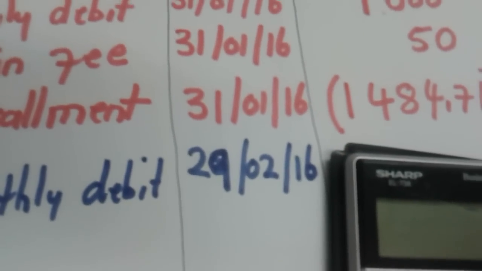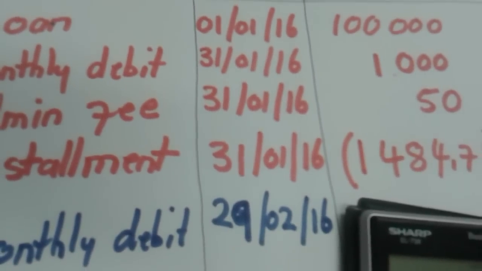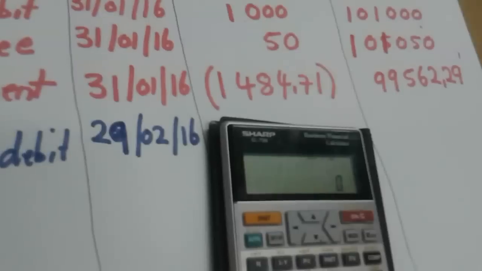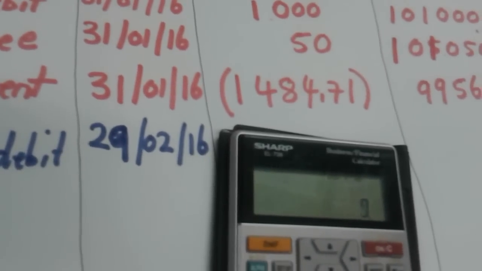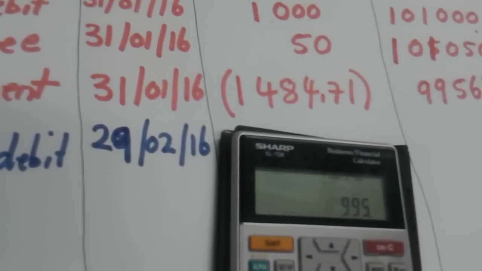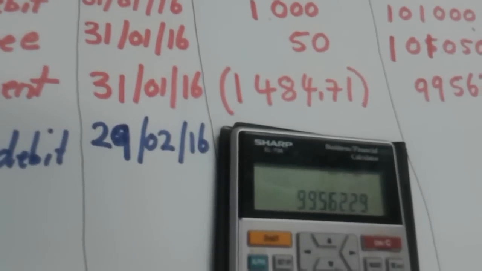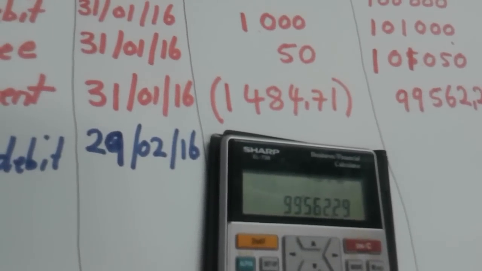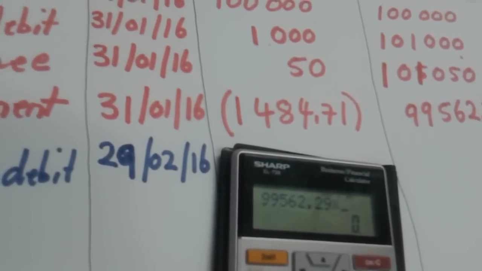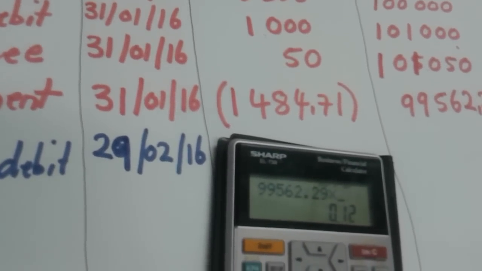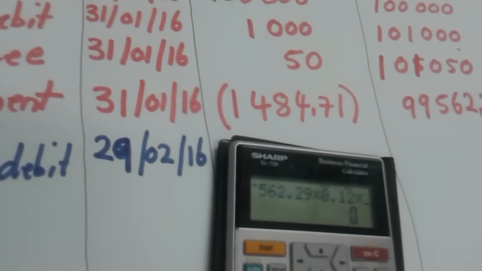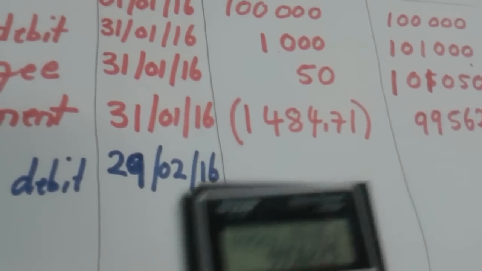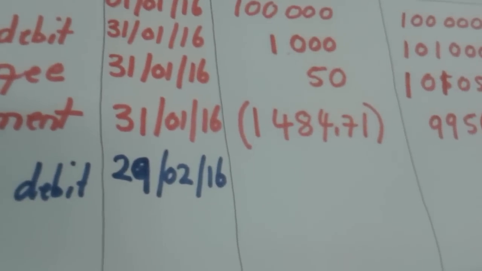A times I times N. But remember, we need the opening balance for February, which is the closing balance for January. So you are now going to say 99,562.29, and then multiply that by 0.12, which is the 12%, multiply that by 1 divided by 12, and then it will give you 995.62.